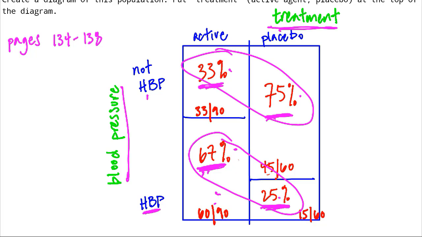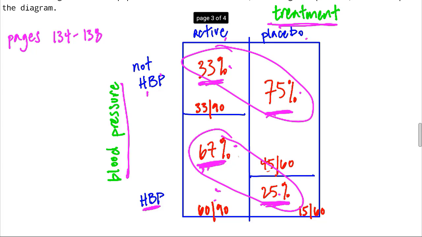Okay, so in this population, the variables, blood pressure and treatment, are associated, but we also want to know which values are associated. Okay, so these are the values: high blood pressure, not high blood pressure, active agent, and placebo. And in this case, high blood pressure and having taken the active agent are positively associated. I'll write that down.